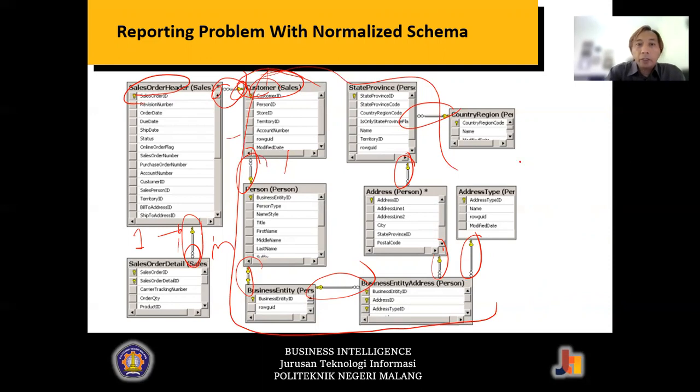As you can see, one person can become many customers. Why? Because even though one customer represents one person, sometimes a person can have multiple customer IDs. One of many reasons, for example, is let's say person A registered as a customer, and then he quit.